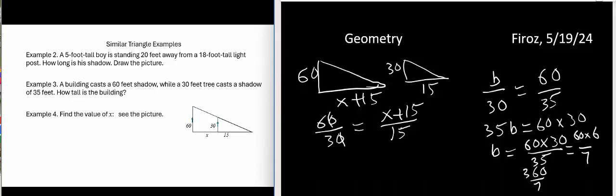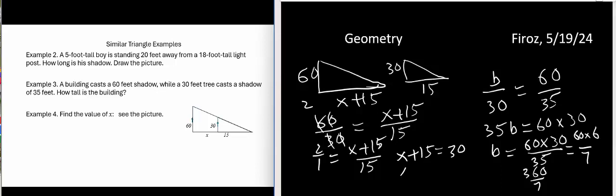You can simplify this one here. It makes it 2. So you get 2 over 1 is x plus 15 over 15. Now do the cross multiplication. Cross multiplication means this 1 times x plus 15 equals 2 times 15, which is 30. So then x will be 30 minus 15, which is 15. So we are done for problem number 4.